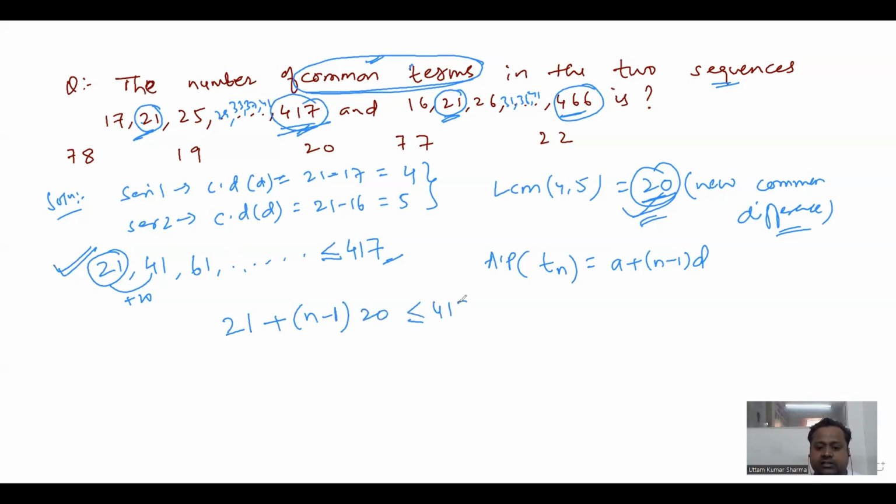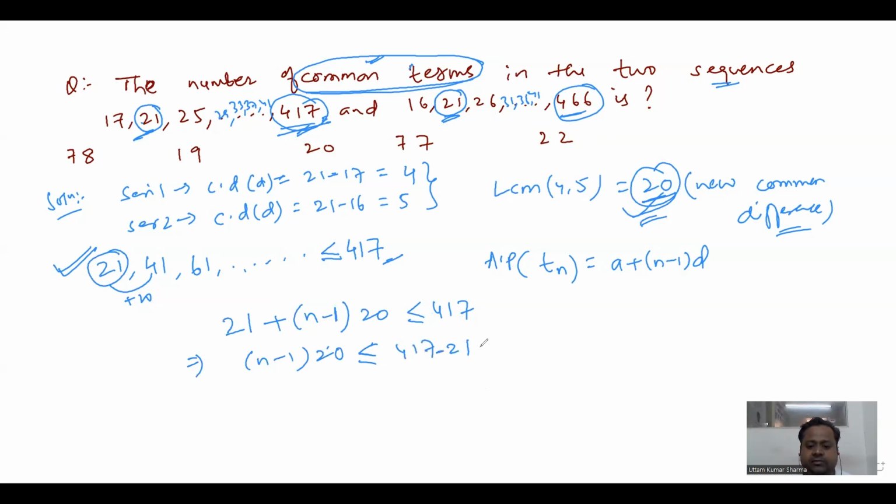And this has to be less than or equal to 417, because after 417 this series itself ends. So you can find the number that is maximum or closest to 417. When you solve it, don't get scared seeing the inequality sign. If you feel afraid, you can treat it as a simple equal to, and the answer will not be wrong. Even if you take equal to, the answer will be the same, it won't make much difference.